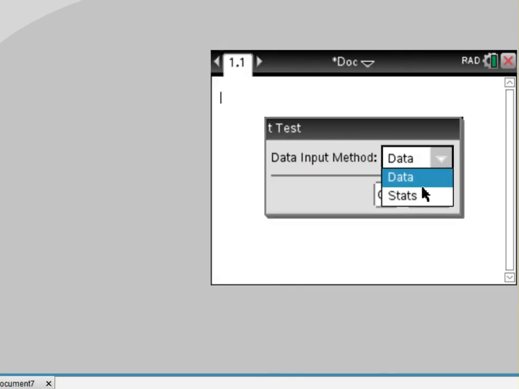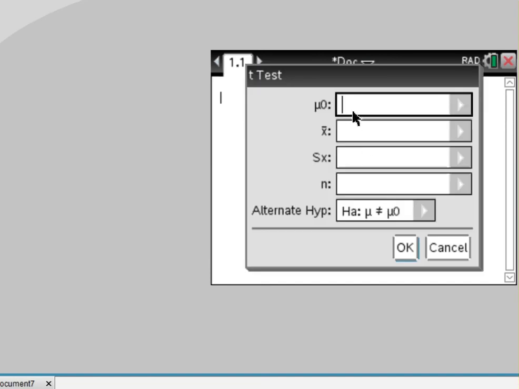Now, my mu naught, the mu that they're claiming, is 3.18. The x bar, the mean of my sample, is 3.16. The standard deviation of my sample is 0.055. And then I ran a sample with 10.